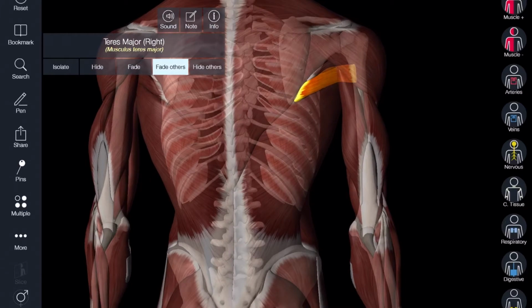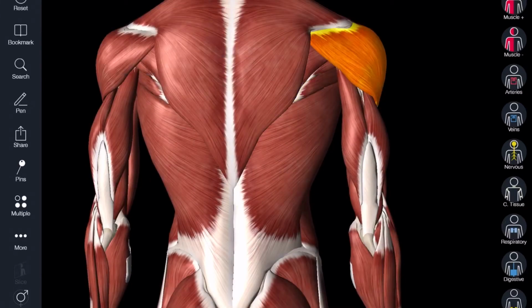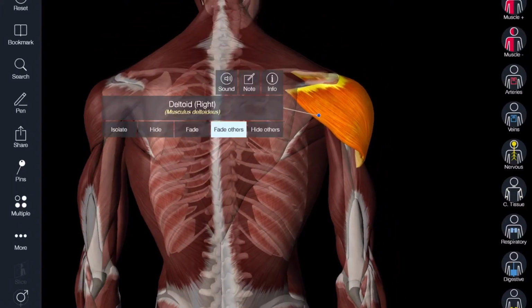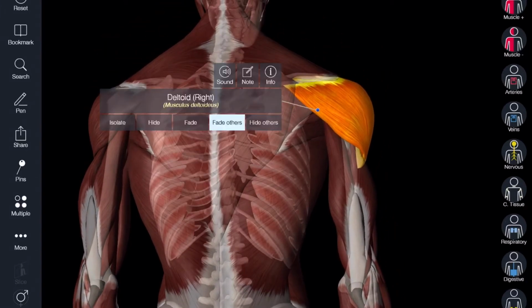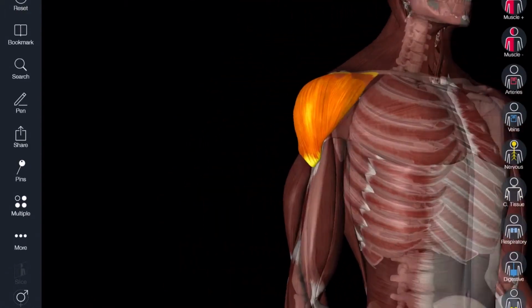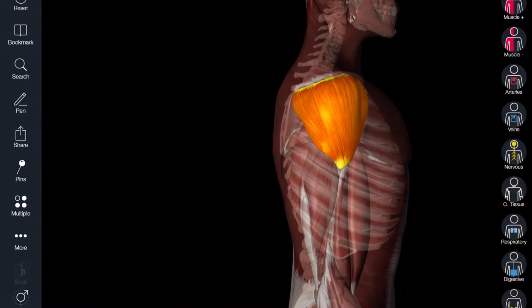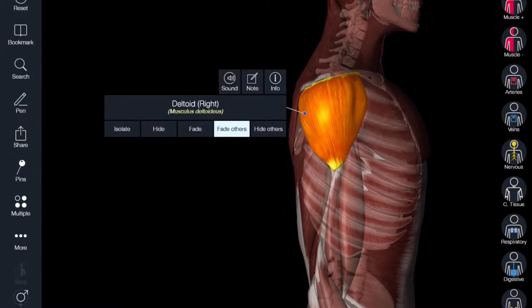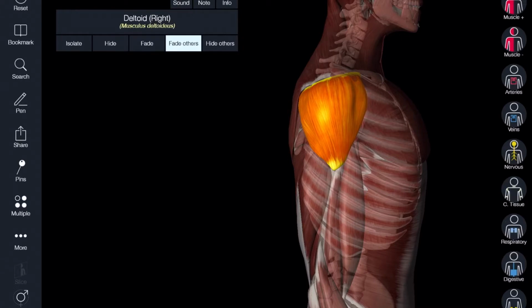So let's start out with deltoid. Okay, so deltoid is the most superficial muscle of the shoulder. First of all, what does the name deltoid mean? If we look at it like this, we can see what it means. Deltoid refers to the Greek letter delta, which is essentially a triangle shape.